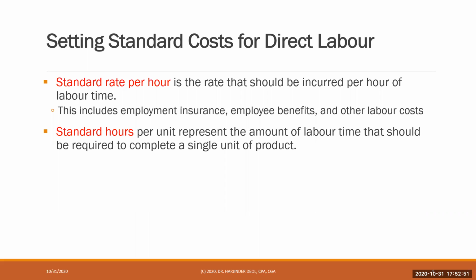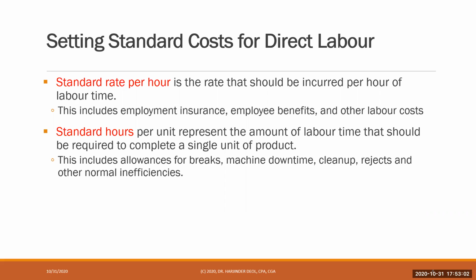The standard hours per unit represents the labor time that would be needed to complete a single unit of product. And we make allowances for breakdowns, machine downtime, cleanup, rejects, and other normal inefficiencies.